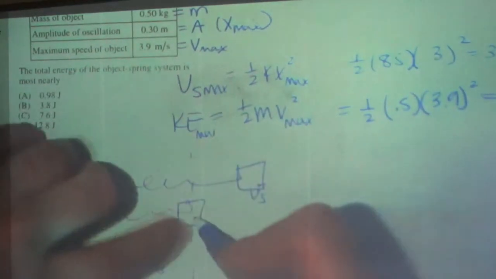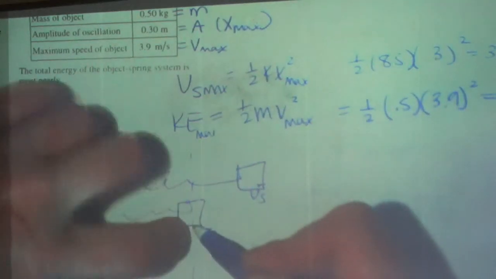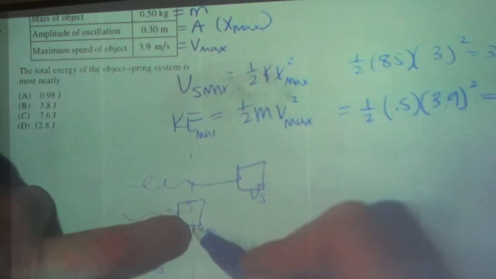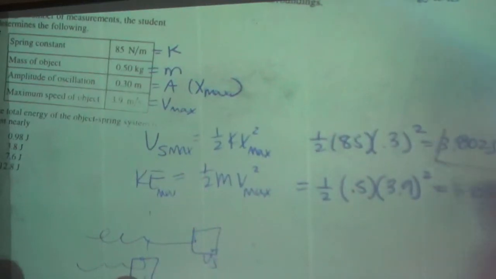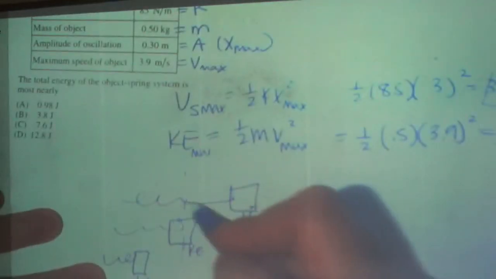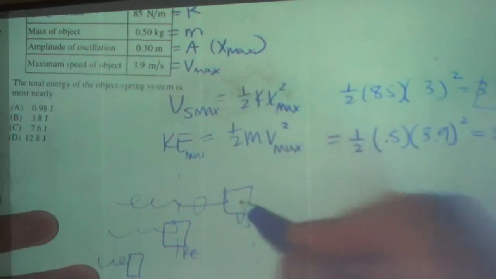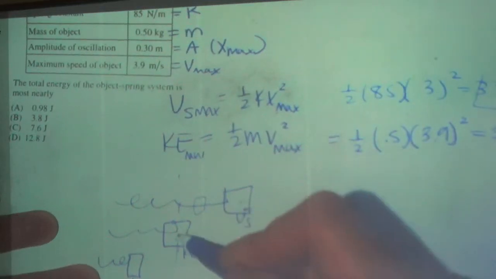And at this point where I would have this much kinetic energy, that's the maximum at the equilibrium, where I have no potential energy. So just one of these is the total energy, because I only ever have all potential or all kinetic. There are times where I have some of both, but not these values of both, right? This is 3.8 and 0, and this is 3.8 and 0. So the total energy is 3.8.